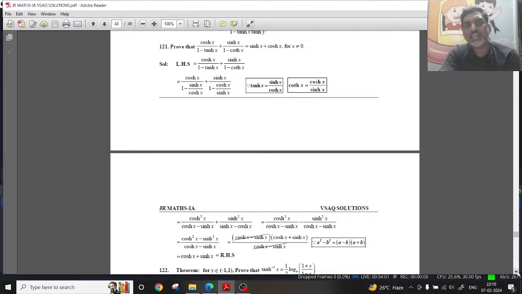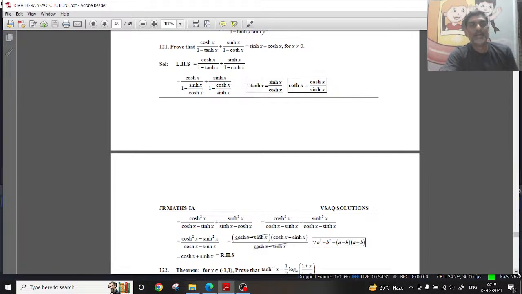Here simply we can take LHS. Here in the denominator there are tan and cot. Let us write the tan and cot in terms of sin and cos, so that we can get cos h square x divided by cos hx minus sin hx, and sin h square x divided by sin hx minus cos hx. If we take the LCM, cos h square x minus sin h square x divided by cos hx minus sin hx will come. If we simplify that, cos hx plus sin hx will be the final answer.